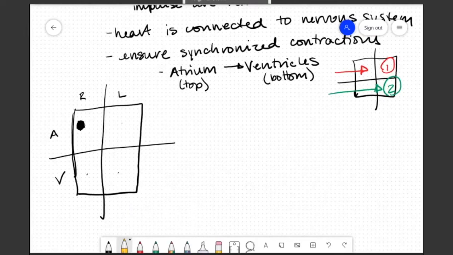This pocket of cells is your SA node, and your SA node stands for sinoatrial node. Remember, it is in your atrium, so this is your SA, sinoatrial node, and it lives in your right atrium.